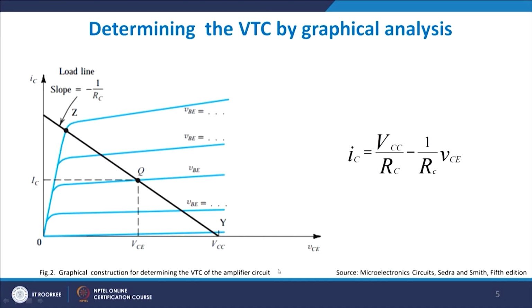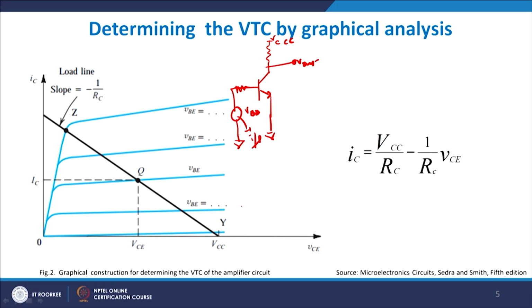So, the concept is that in a common emitter mode configuration, let me draw it for you, with VCC. You had RB, and then you had VBB, and then on the emitter side you had this. This is your output, and this is your input, which is basically a sinusoidal input.